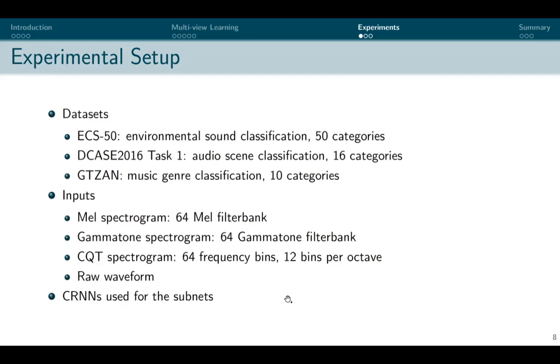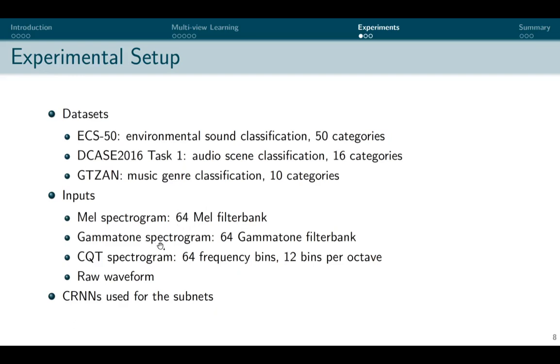We conducted experiments on three different datasets. ESC-50 is for environmental sound classification with 50 categories. DCASE2016 is for audio scene classification with 16 classes. And GTZAN is for music genre classification with 10 categories. For the input, for the mel spectrogram, we opt for a 64 mel filter bank.